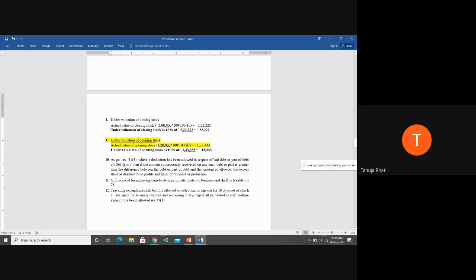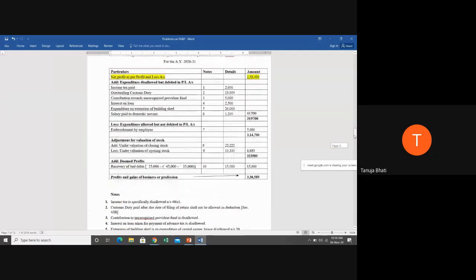Either you can do 1,33,333 minus 1,20,000, you will get by how much it is undervalued, or simply take 10% of the actual value of opening stock, 1,33,333. So you get 13,333. So the opening stock is undervalued by 13,333.